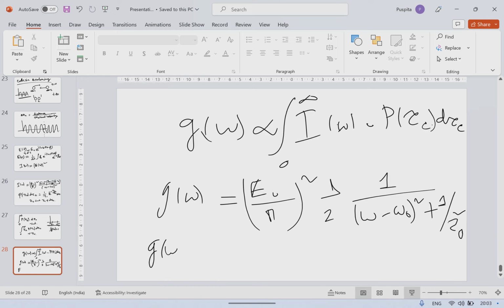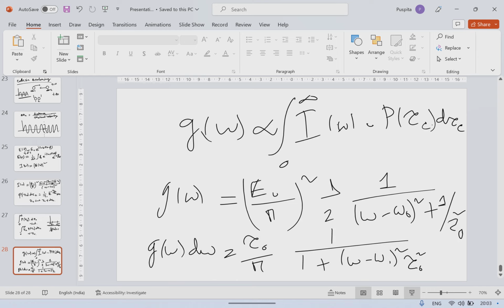So g(ω) will be τ0 by 1 plus (ω minus ω0) square τ0 square dω.